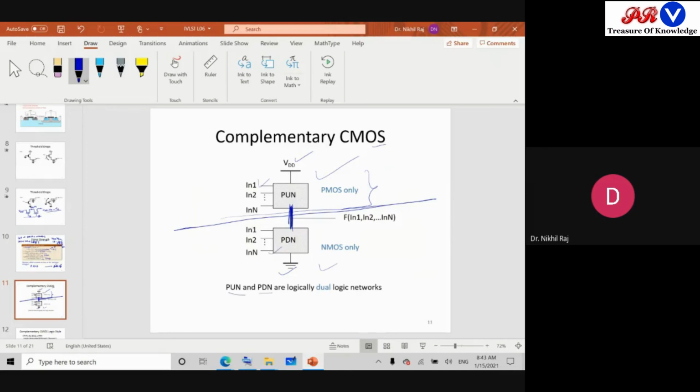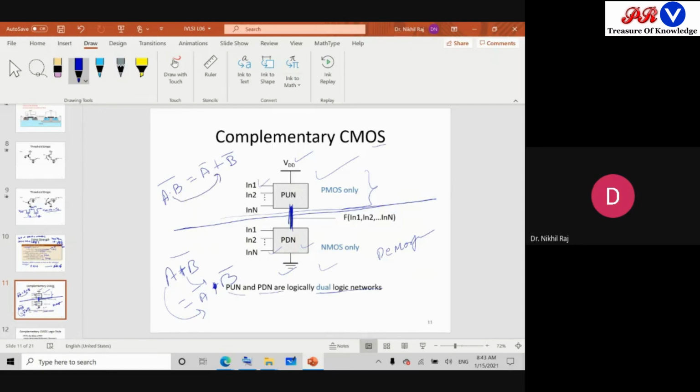This pull-up network and pull-down network are logically dual networks. Whatever is there in the pull-down, its complement will exist in the pull-up network. This can be thought of like De Morgan's law. If you remember De Morgan's law, (A plus B) bar equals A bar into B bar. So the plus sign is changing to the dot product. Similarly, (A dot B) bar equals A bar plus B bar, so the dot is changing to plus.